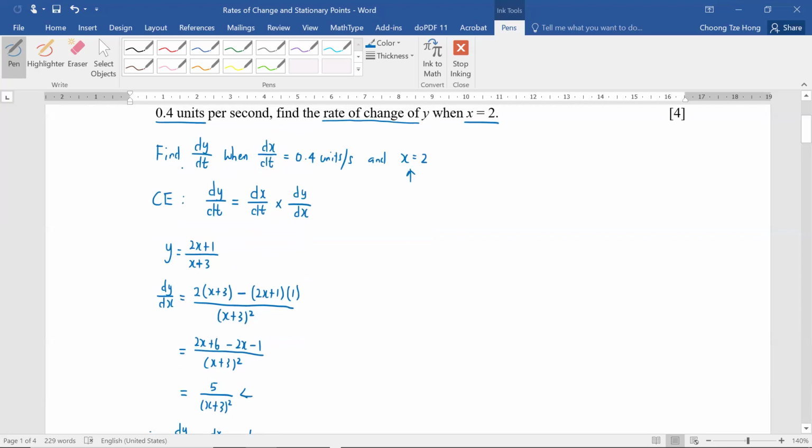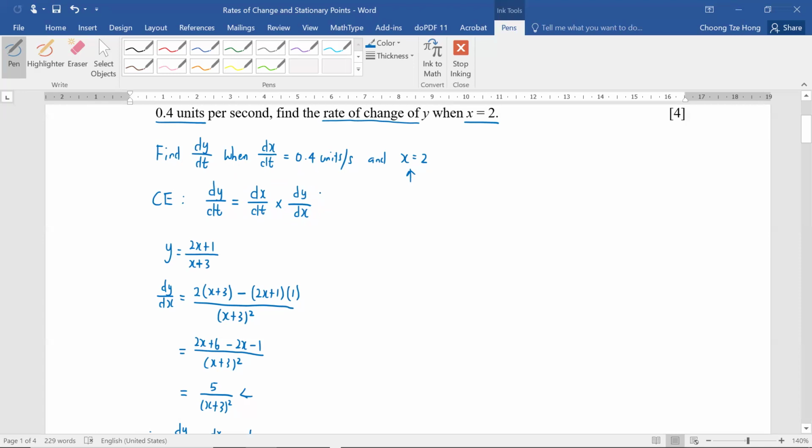Alright, so just to recap how to do a rate of change question. My practice is to summarize the entire question in one statement so that we know what we want to find and what is given to us. The next step is to write down the connected equation. The one that you want to find, always put at the left side. Usually one of the things inside the connected equation we already know, in this case 0.4.